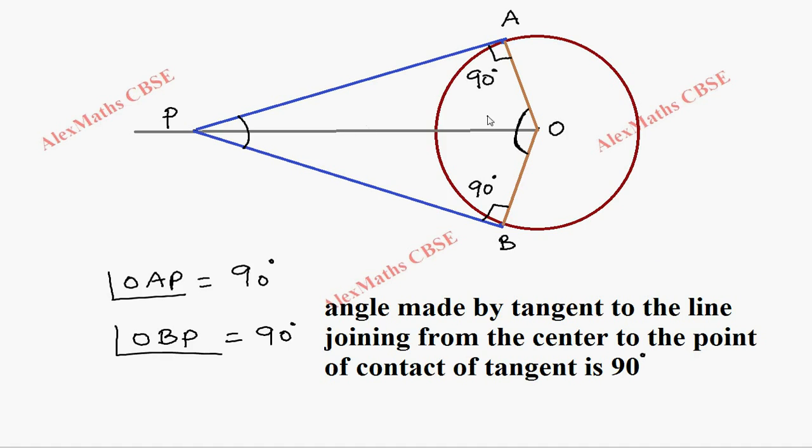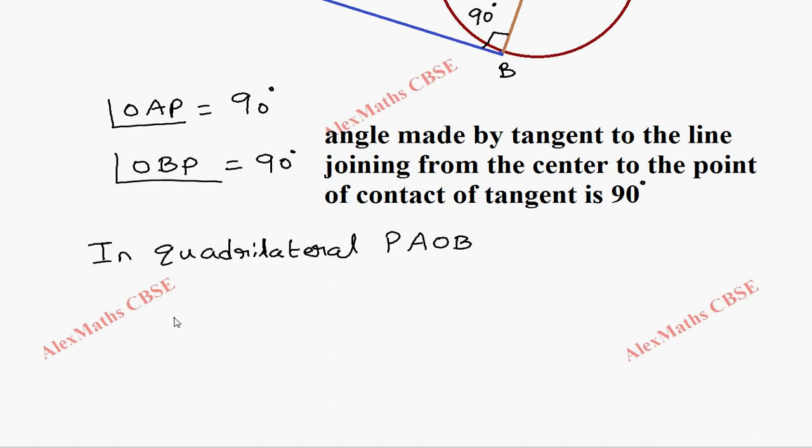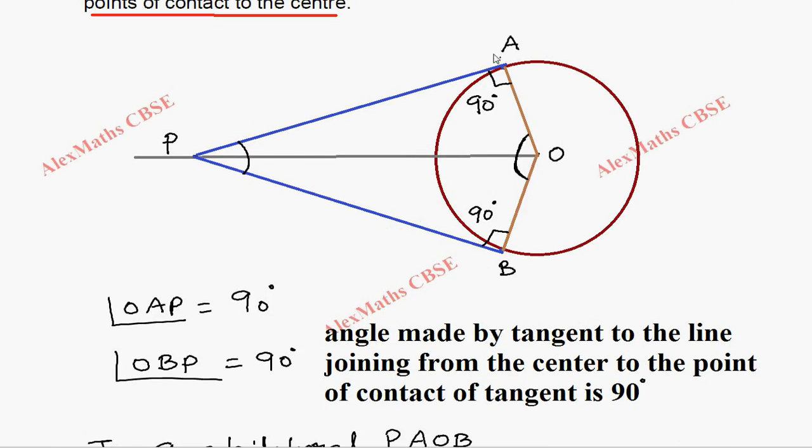Now we take the full quadrilateral PAOB. In this quadrilateral PAOB, the sum of the angles is 360 degrees.